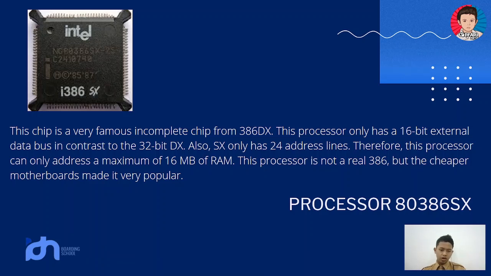This processor only has a 16-bit external data bus, in contrast to the 32-bit DX. Also, SX only has 24 address lines. Therefore, this processor can only address a maximum of 16 MB of RAM. This processor is not a real 386, but the cheaper motherboards made it very popular.